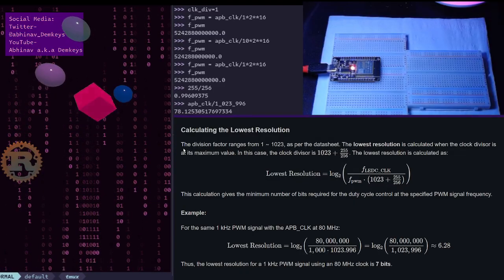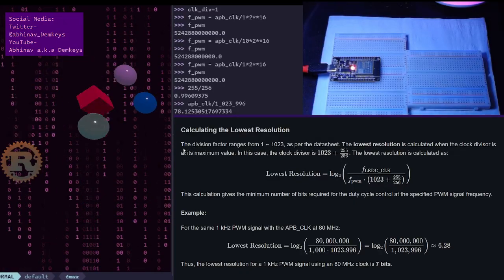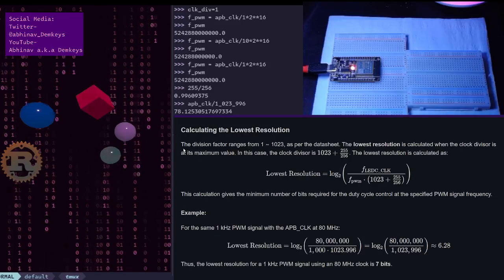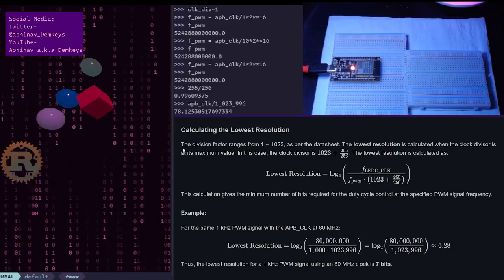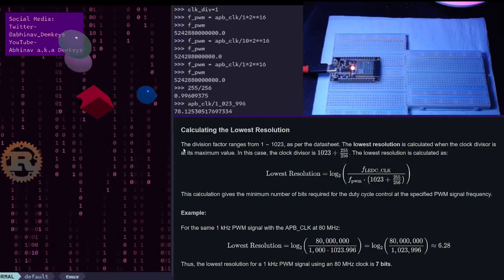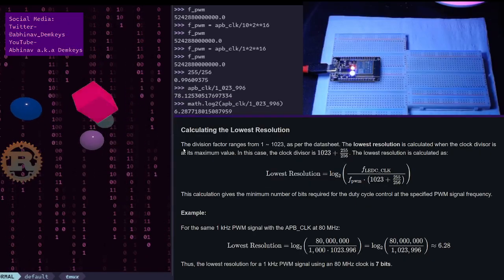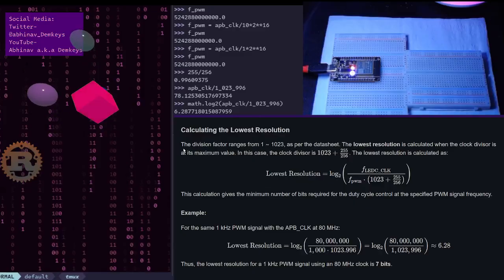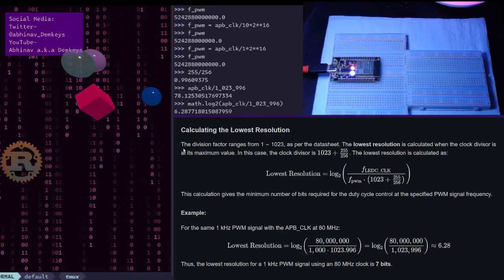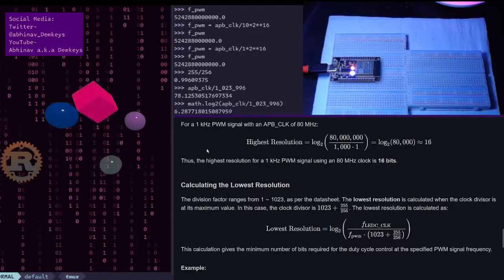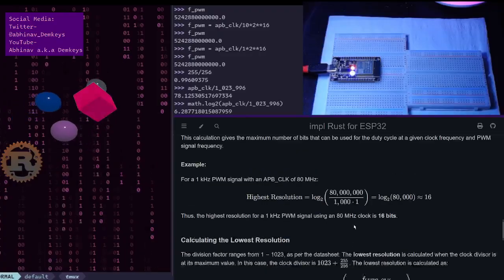Oh, because it's supposed to be log 2. So we do math.log2, and then we get that. Okay, that's interesting. Now I'm wondering if I got this calculation right or wrong.